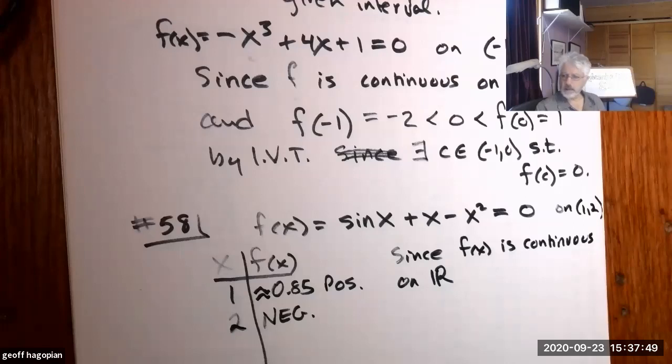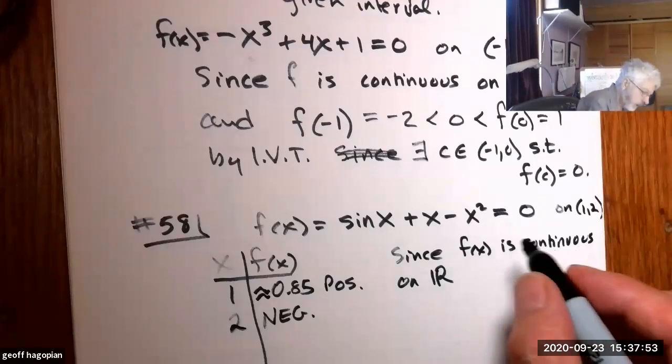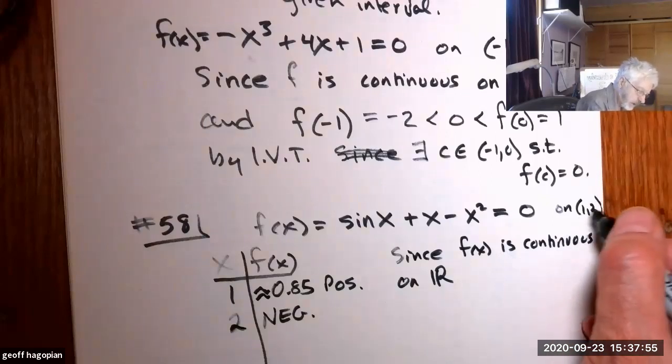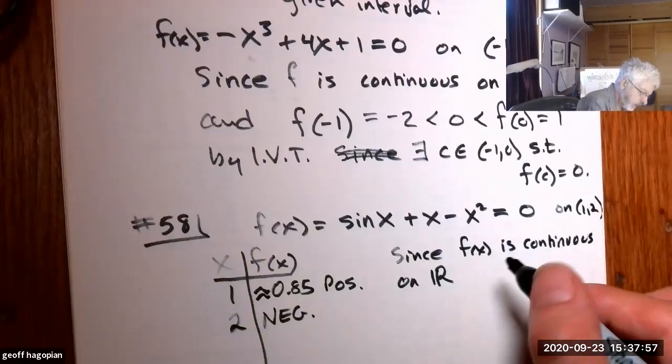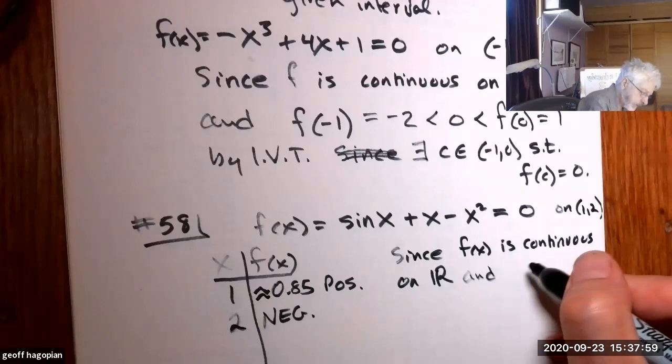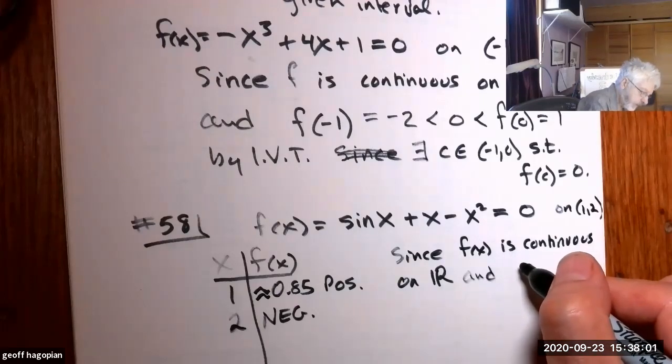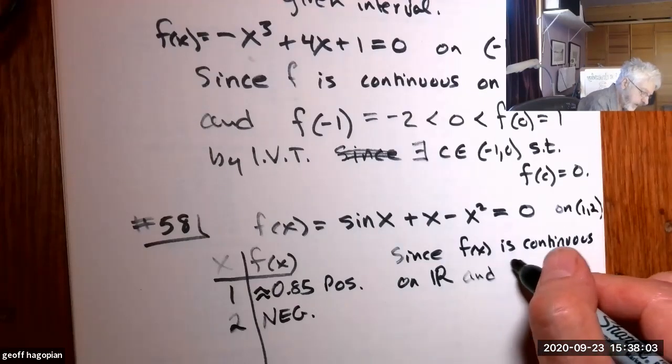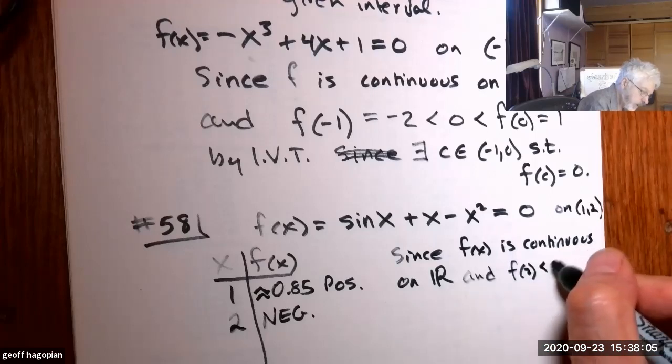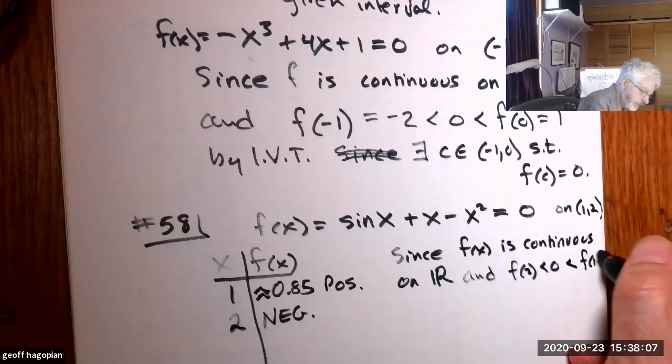Since f of x is continuous on the set of real numbers, in particular it's continuous on the interval from 1 to 2, and 0 is between f of 2 and f of 1.